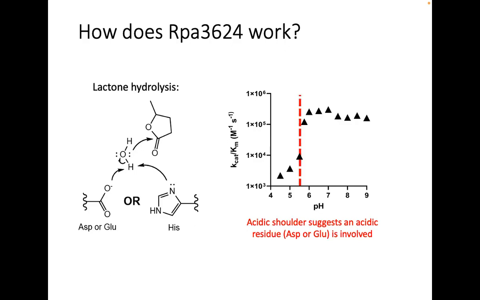So the placement of this acidic shoulder in this curve suggests to us that an acidic amino acid like aspartate or glutamate is probably involved in catalysis rather than a histidine. If a histidine was involved in catalysis, other groups have shown that this drop in activity occurs more towards the pH 7 to 8 range. So we do think it's an acid involved.